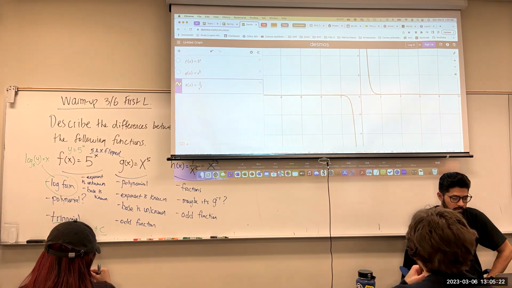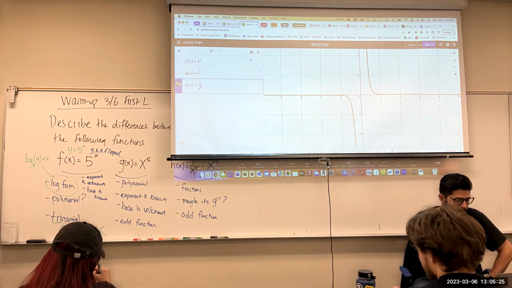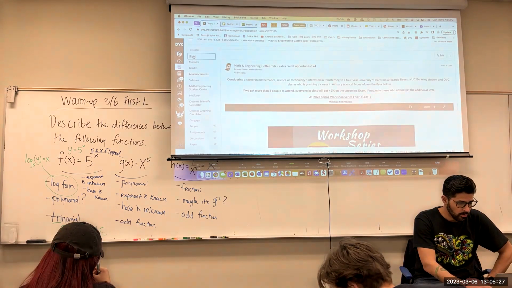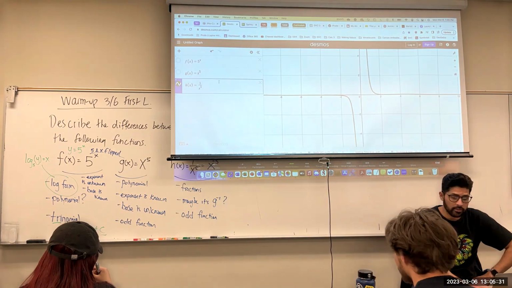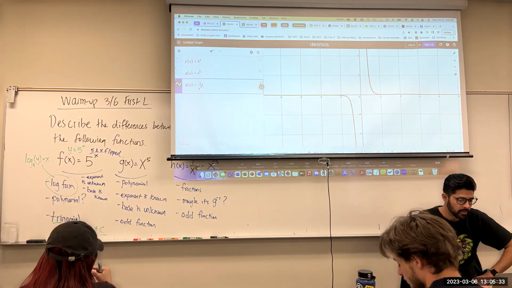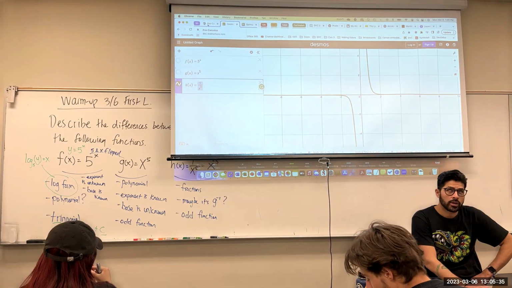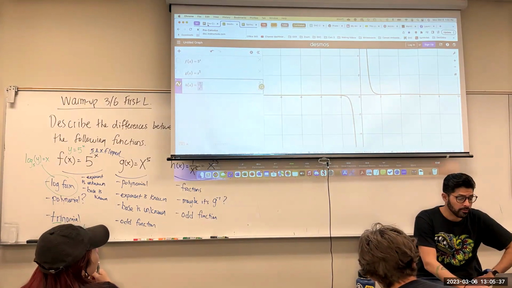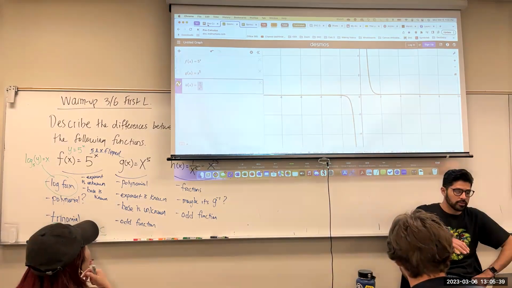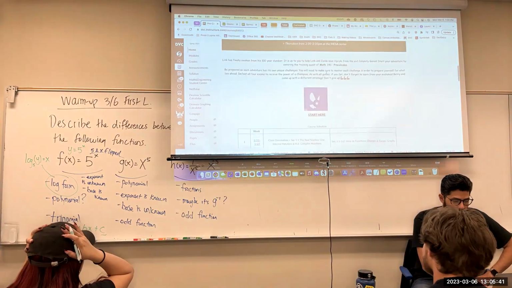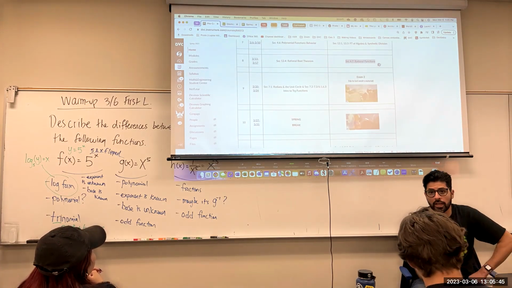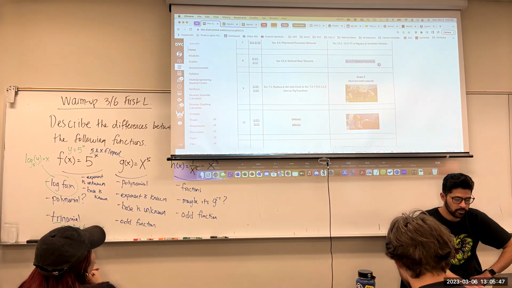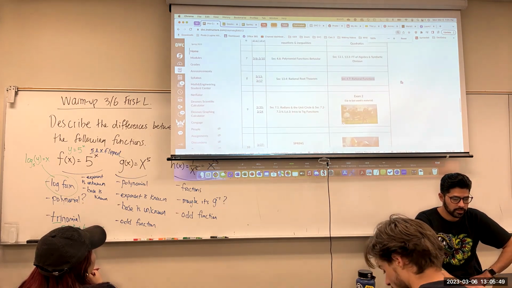Most of the time when we're dealing with fractions where x is part of the denominator, this is what we're going to deal with in 4.7, called the rational function. We're going to be doing that next week.